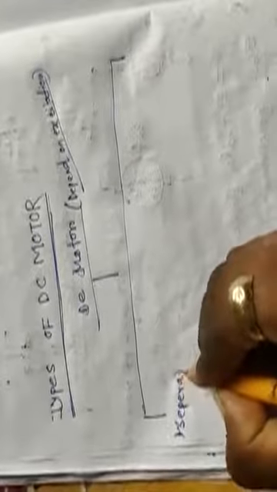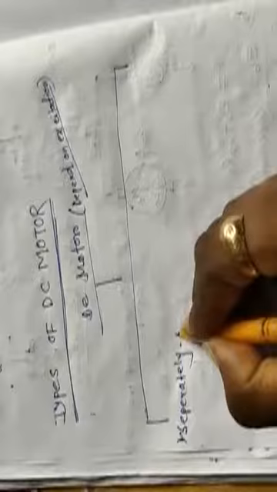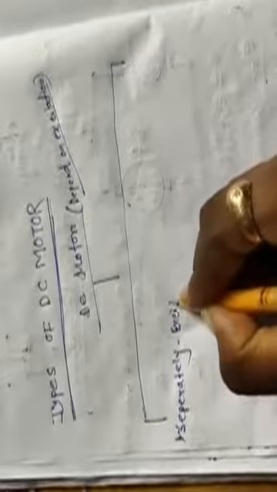Depending on excitation, DC motors are mainly three types. Number one is separately excited DC motor.